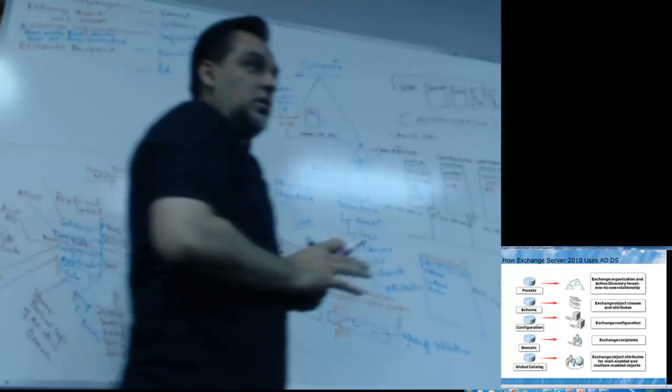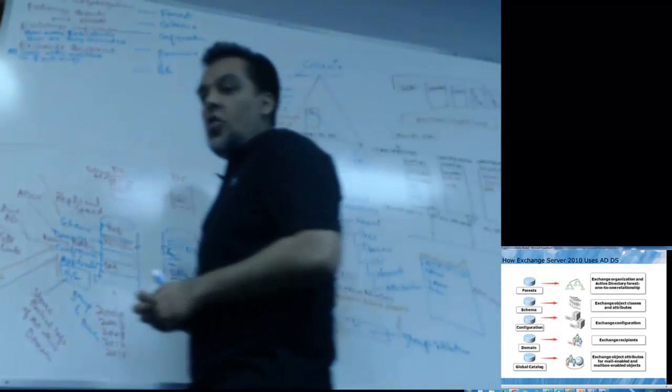If a user exists in Active Directory and does not have a mailbox, that is not known as a recipient. An Exchange recipient is any user that has a mailbox and an email address. Whereas all other users are just users of Active Directory, they are not Exchange recipients.